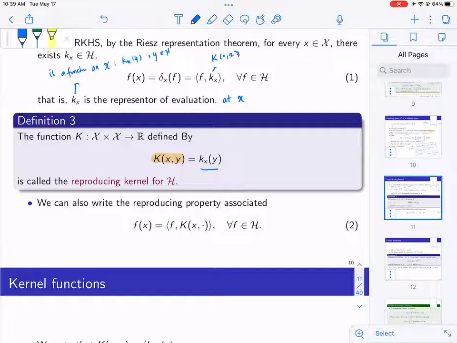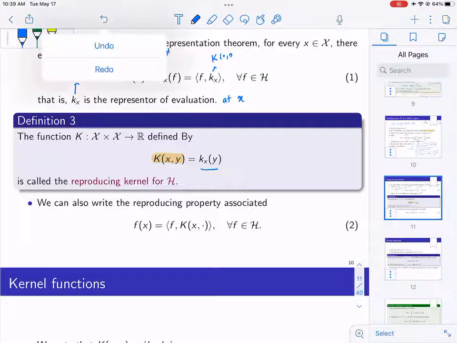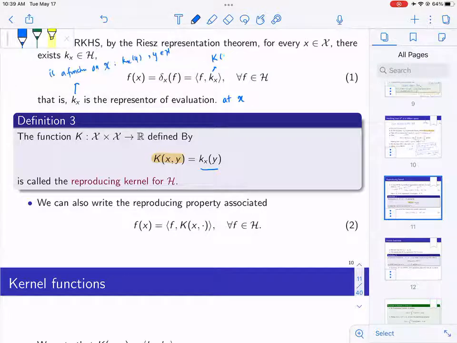If I look at this kernel, or the other way around, later on it doesn't matter. If I fix x and put a dot here, it means I'm viewing this as a function y maps to k(x, y). If I look at the kernel as a function of y for fixed x, that's the representative of evaluation.